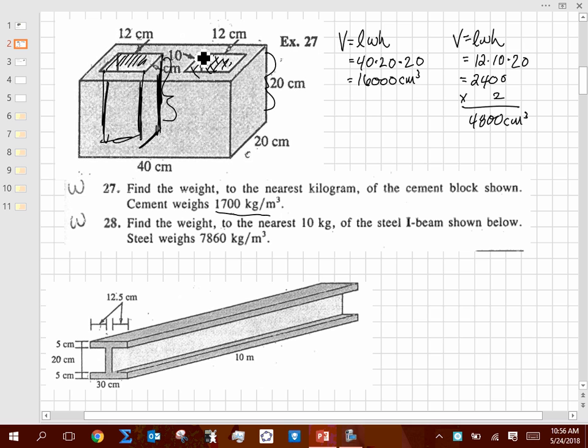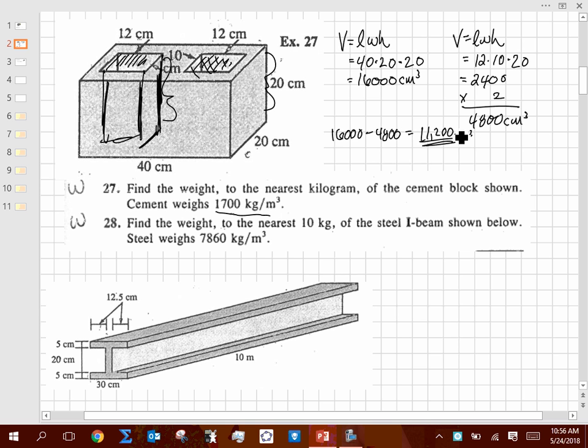So the total volume of this block then is going to be 16,000 cubic centimeters minus 4,800 cubic centimeters, which equates to, let's see here, 11,200 cubic centimeters. That's the current volume.